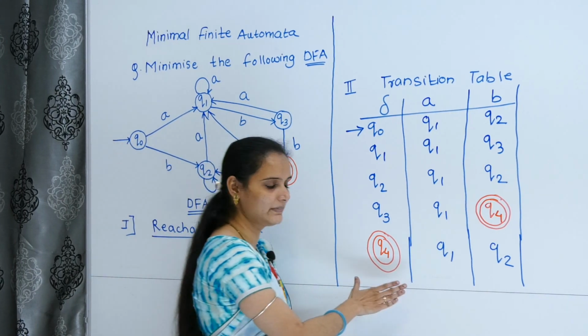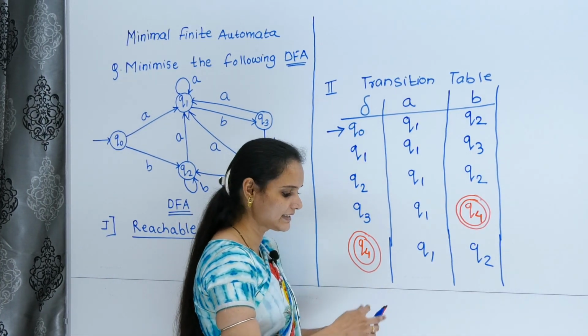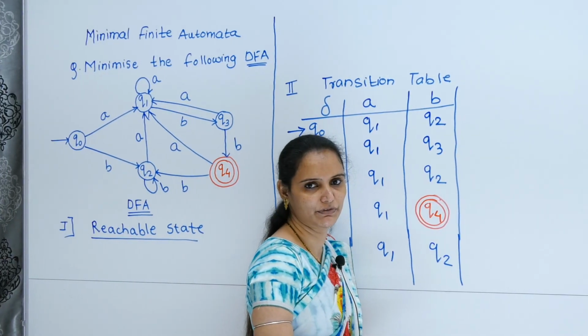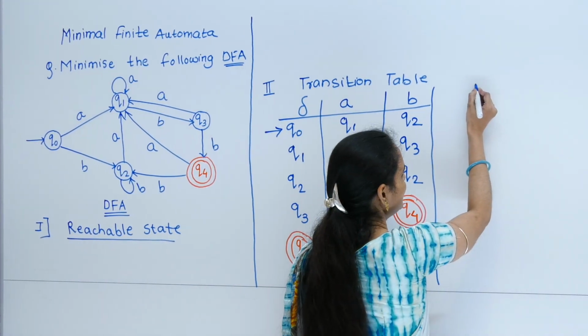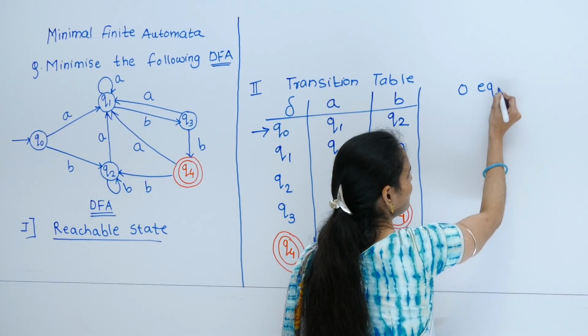From the transition table, the next part is to find the equivalency. Here it is the zero equivalent.